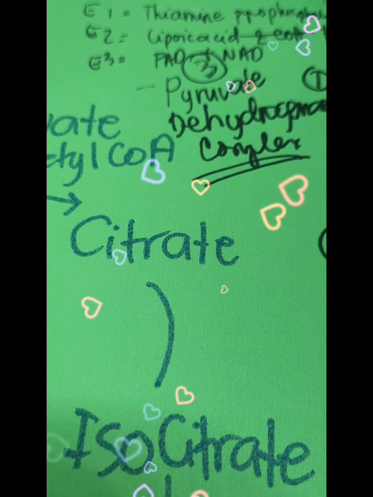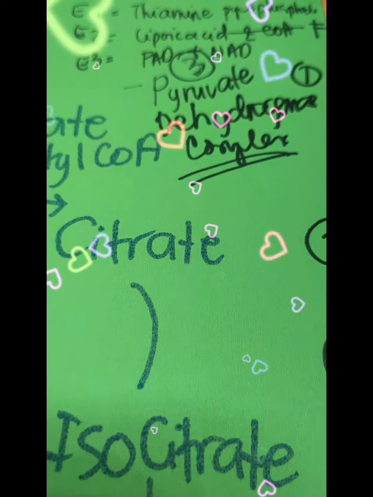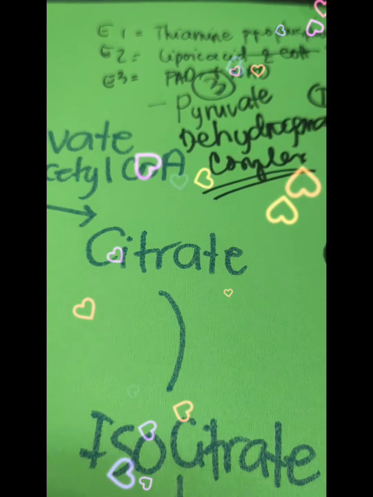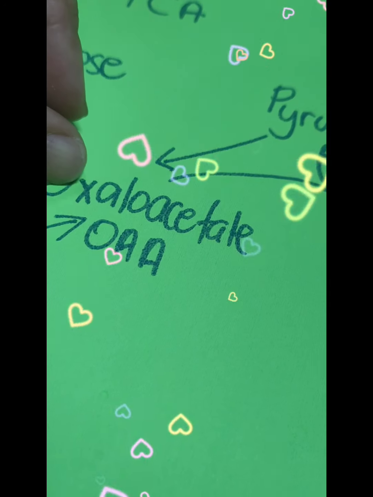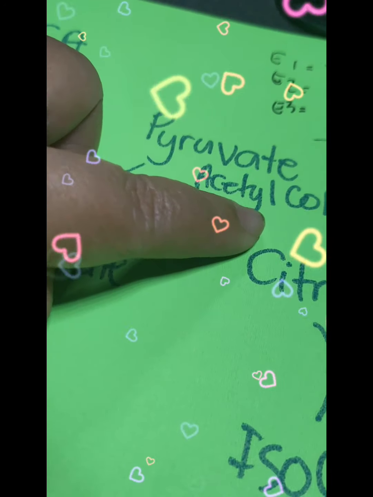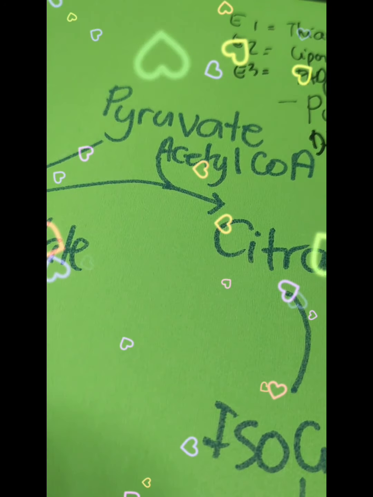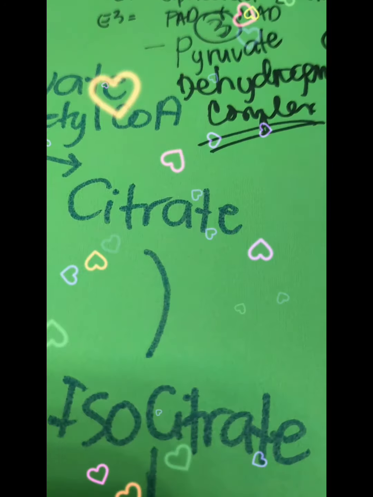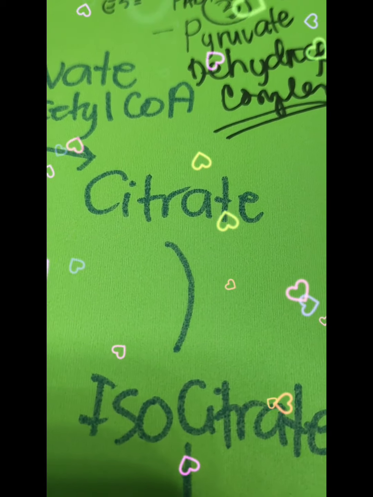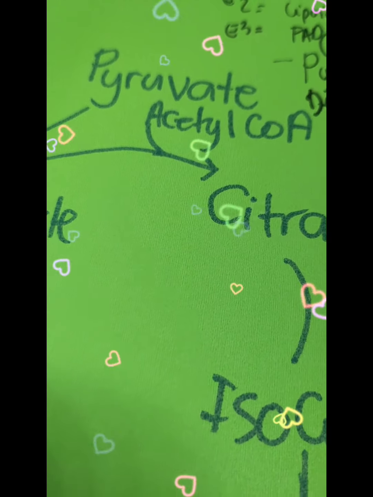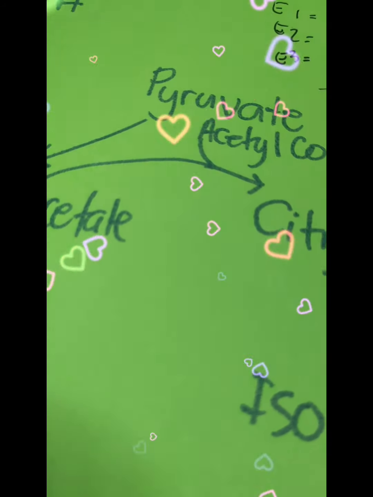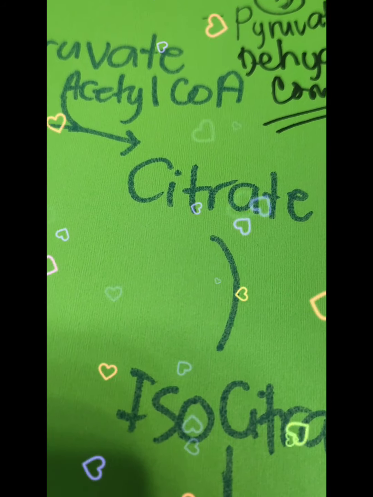Now, the acetyl-CoA and the oxaloacetate, makikita nyo siya, nagsama si acetyl-CoA at saka si OAA, si oxaloacetate. Nagkaroon sila ng condensation. And this condensation is leading to the production of your citrate. Take note of the reaction na minamention ko. So, condensation of acetyl-CoA and oxaloacetate produces your citrate.